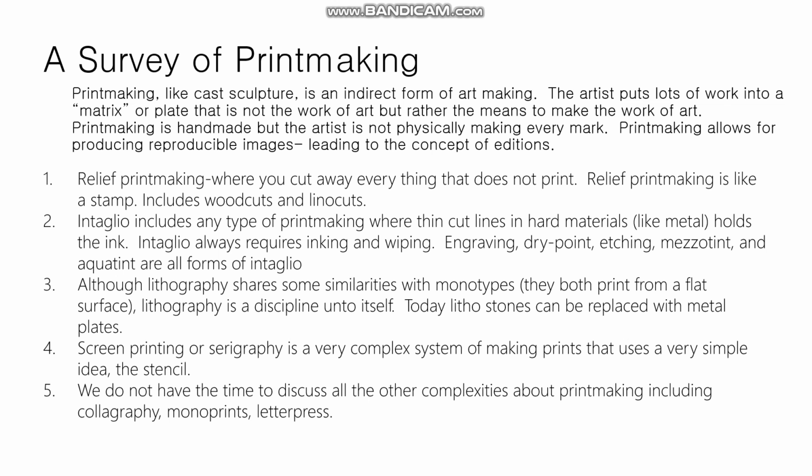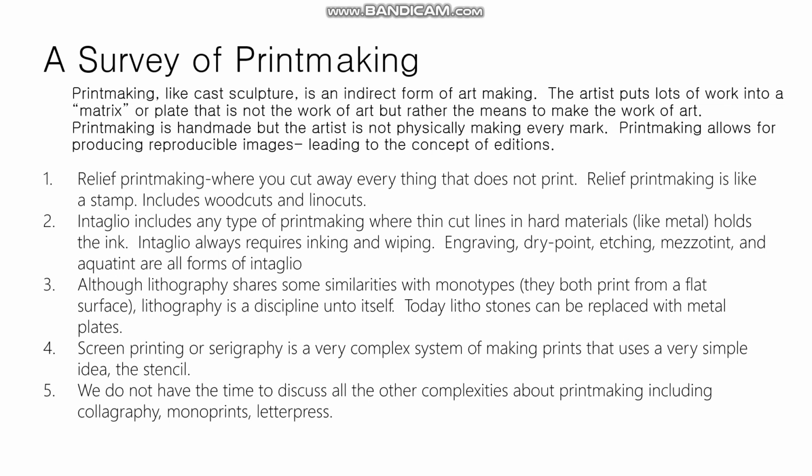And this is the second time that we've really been introduced to the idea of indirect art processes, right? If you remember, we talked about casting earlier in the semester when we were talking about sculpture, and casting is a form of indirect sculpture.